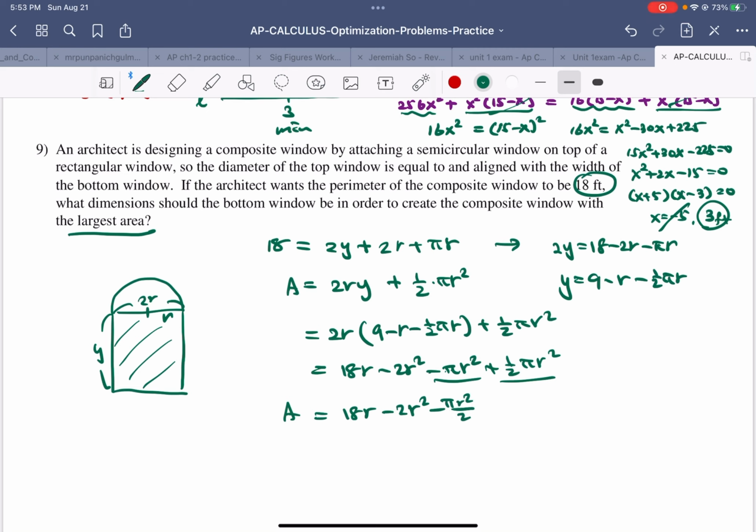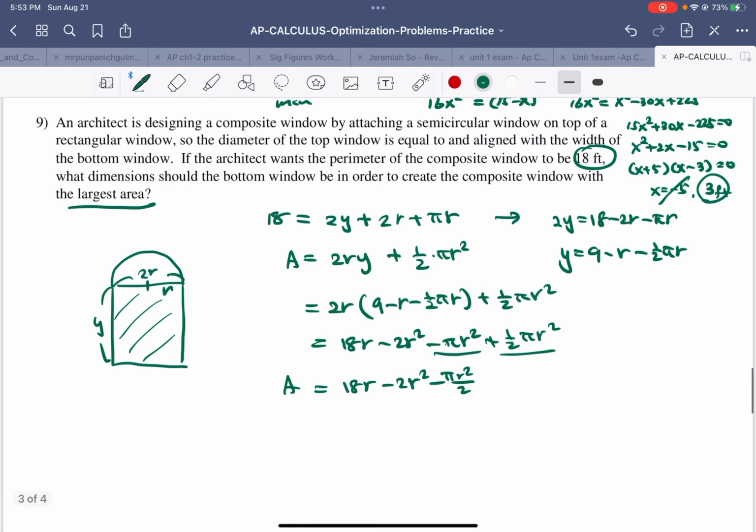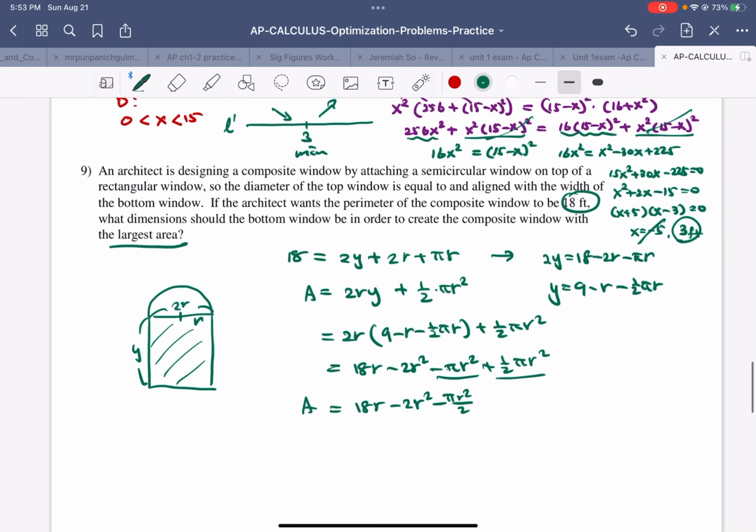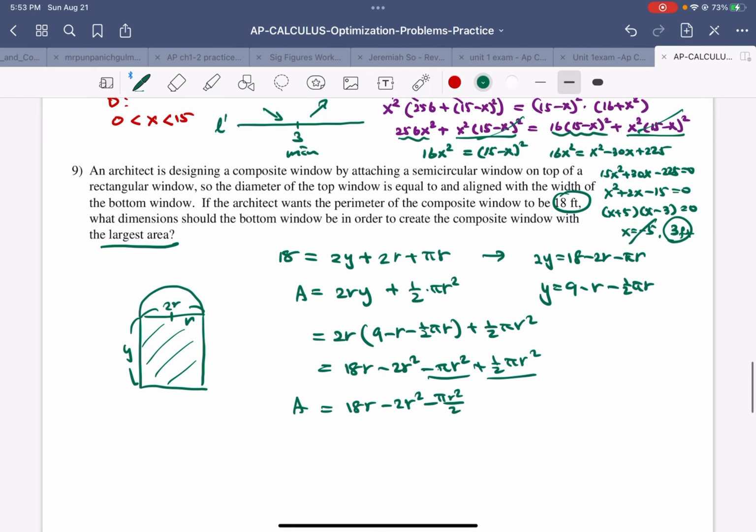Okay, now let's take a derivative. But before you do that, you can find the dimension. r should be greater than 0, definitely, right? And then should be less than 18, of course. I'm talking about the domain. So let's take a derivative.